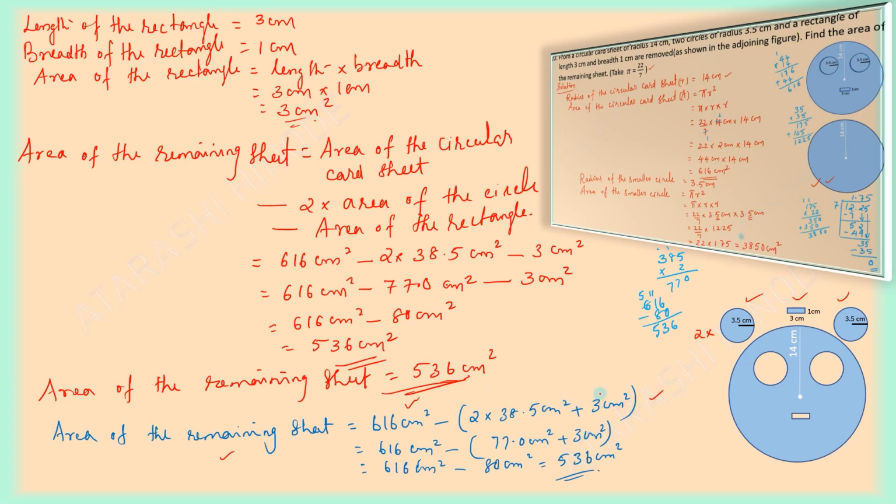That is, here it is the area of the rectangle and this is the area of one circle, and for getting the area of two circles we have to multiply this with 2. So when we do this, we will get, this is 77, and when we add 77 plus 3, it is 80. Then when we subtract 80 from 616, it is 536 centimeters square.